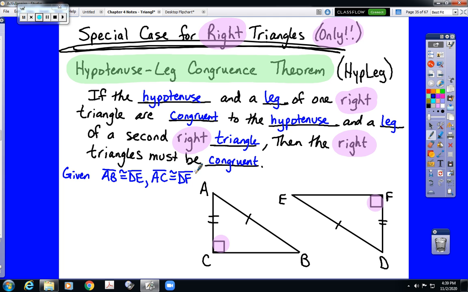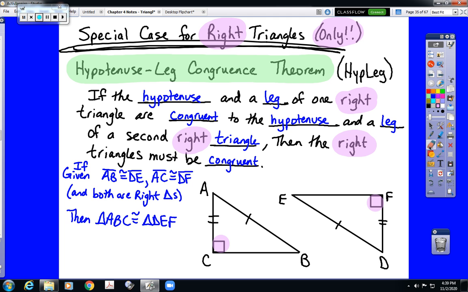That alone, combined with the fact that both are right triangles, we have enough information to say, so this isn't really an if. If that's true, then triangle ABC must be congruent to triangle DEF.